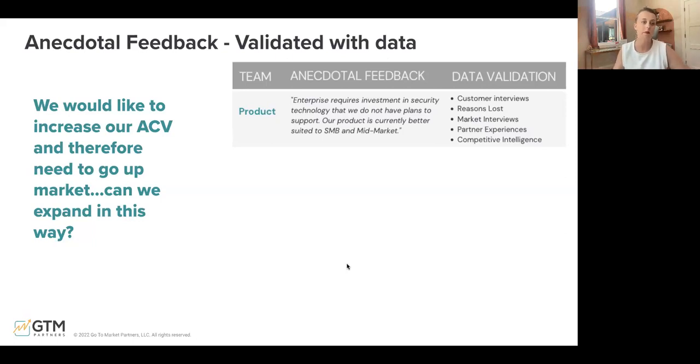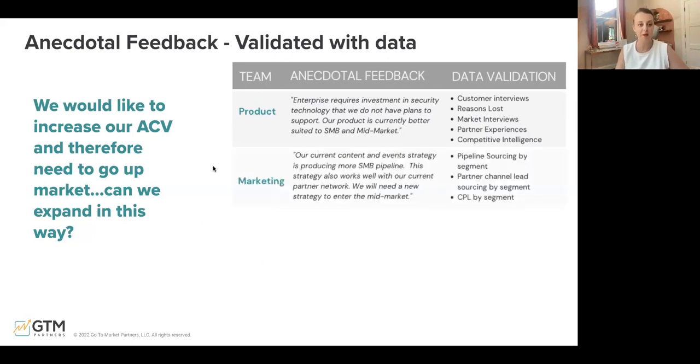Enterprise requires investment in security and investment in customizations of your backend. It could just get really complicated to support being a part of a larger, more complex, more heavily locked down tech stack. And so if product hasn't built a solution that serves that need, they're naturally going to pull away from the idea of, look, we should sell to enterprises.